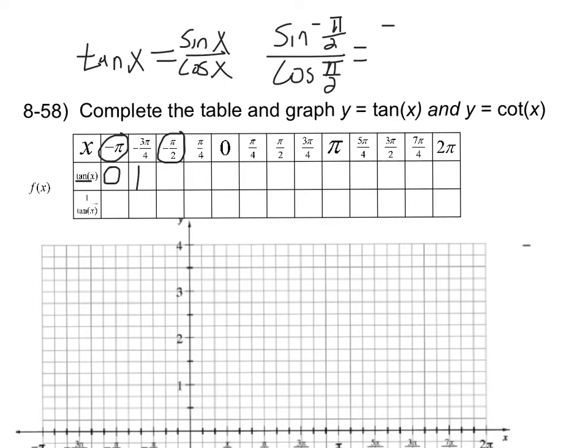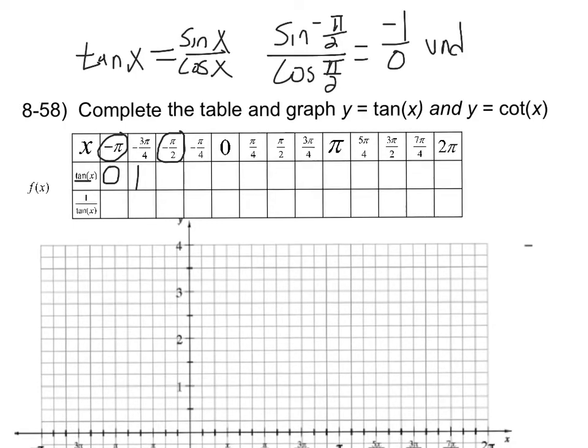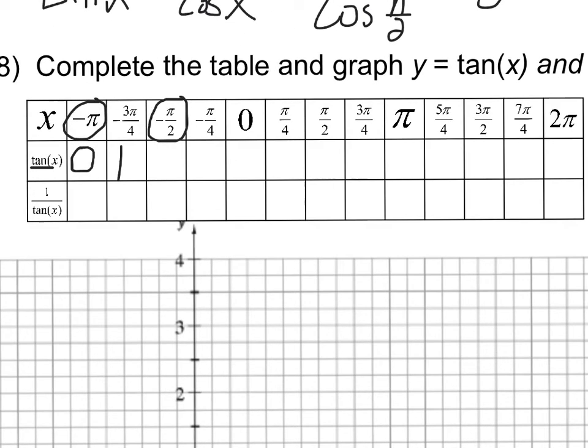Well, this is a negative 1 divided by 0, which is going to be undefined. So this is undefined. If you do the tangent of a negative pi over 4, you're going to get a negative 1.